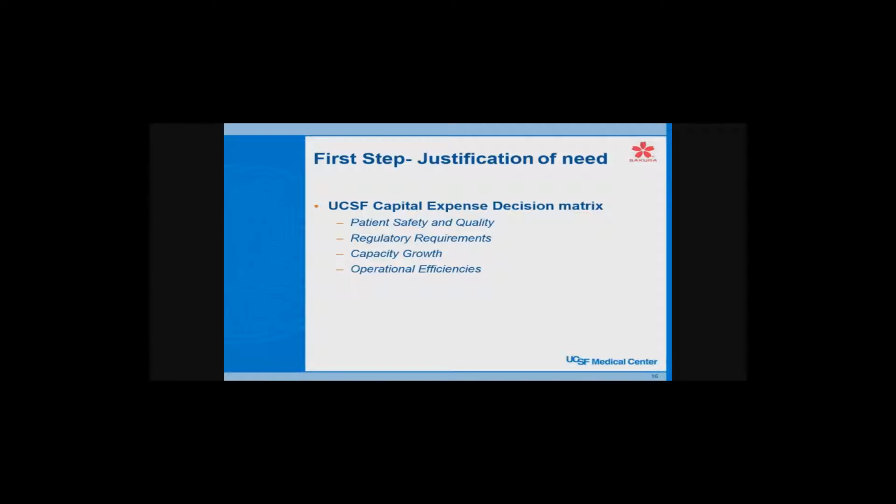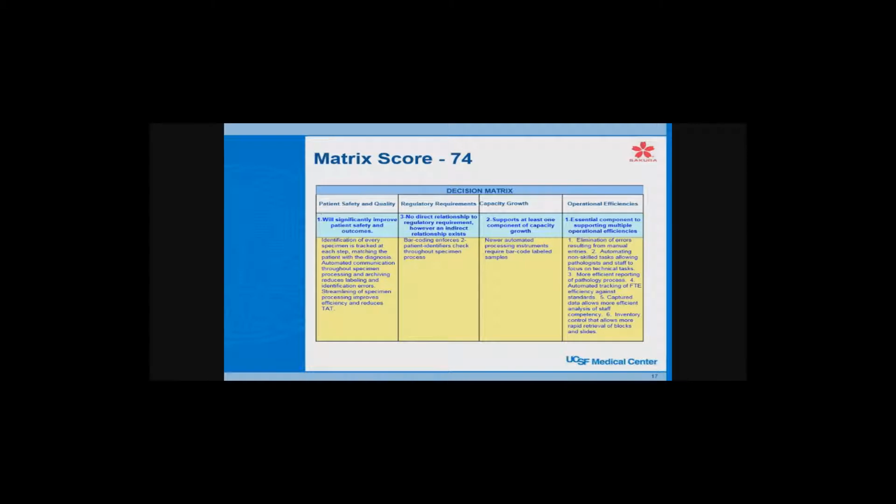So at UCSF, we have to go through the capital expense route, and they give us a matrix to fill out. The decision matrix, they call it, has these 4 items that we have to give answers to. This may be similar, or a little different, than what you have in your institution as far as how you justify something.